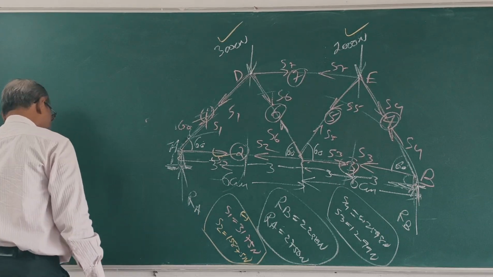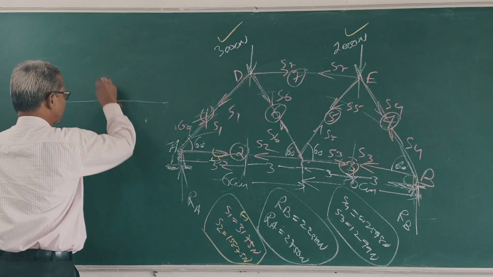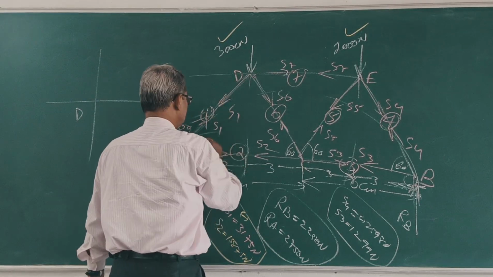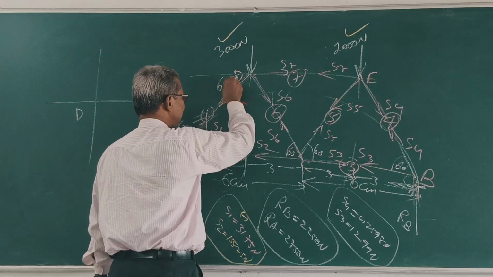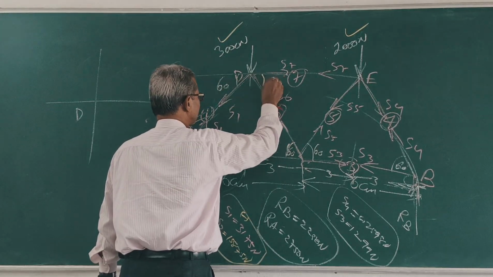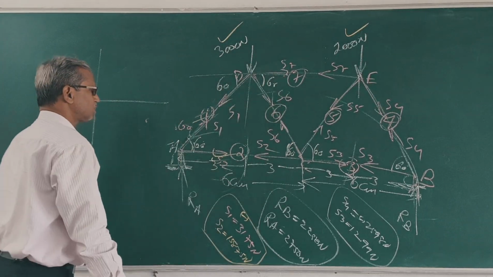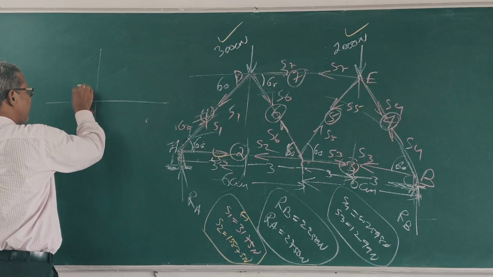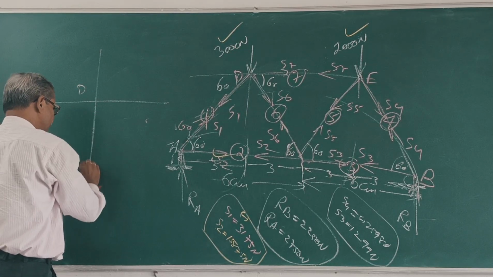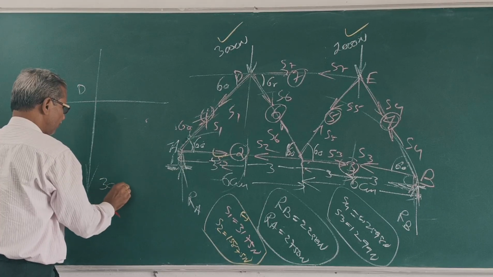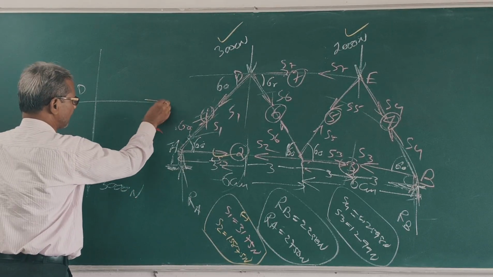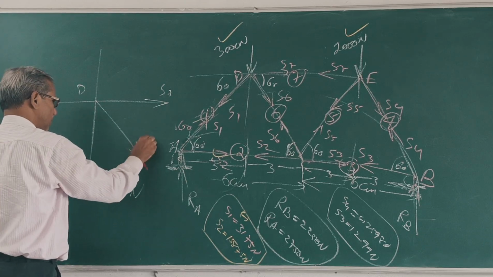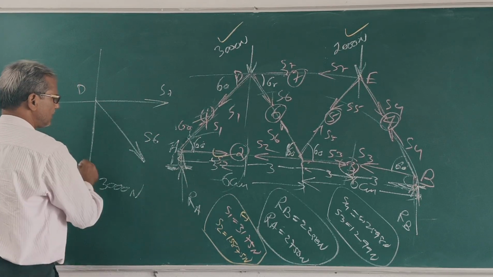Suppose this is point D. At this point, this angle is 60, this angle 60, this angle 60, this angle 60. Clear? So at point D, this is 3000 Newton, this force S7, this force S6, this force S1. Clear?